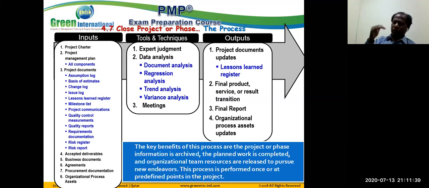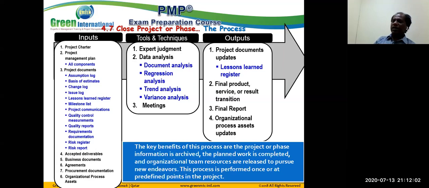All has to be demonstrated. And what all the problems we faced, how we managed, all this can be explained. And what are the remaining outstanding issues which need to be resolved during the defect liability period, all can be documented within the final report.